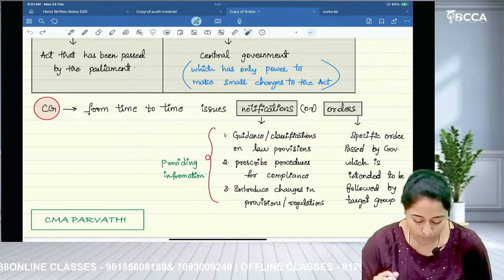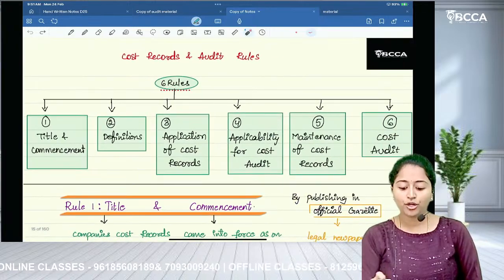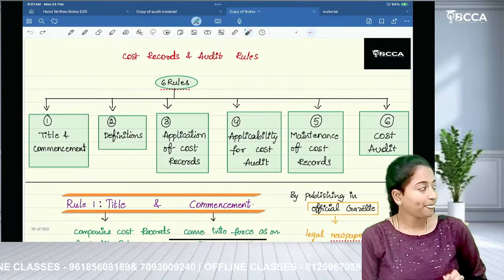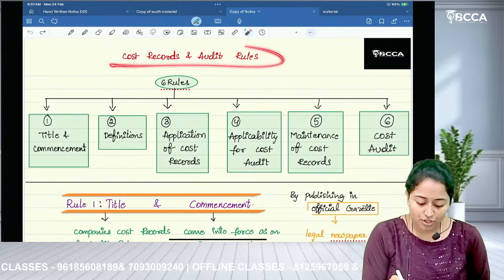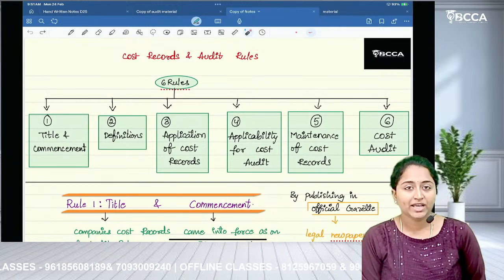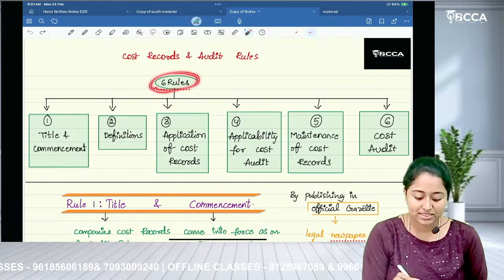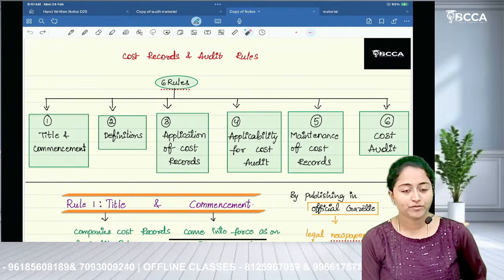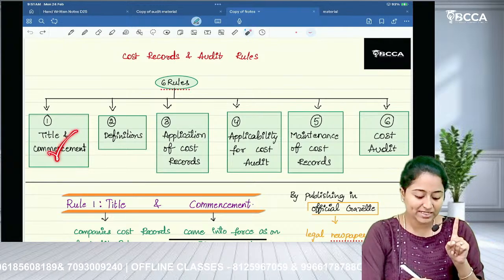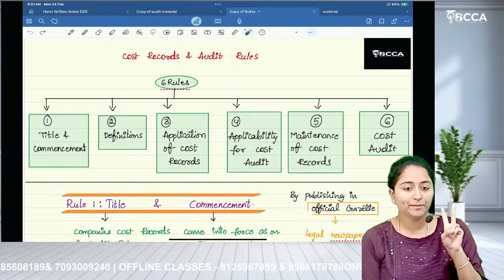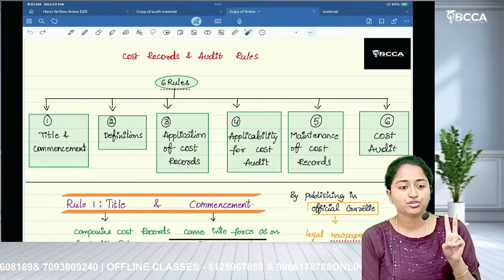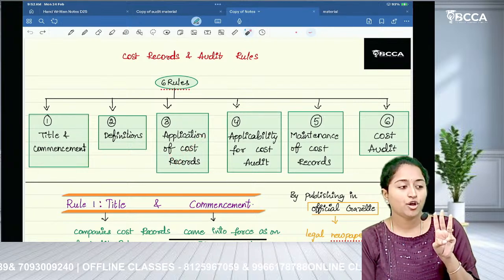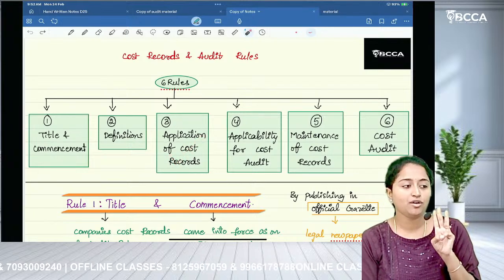Okay? Now, moving on to our main important topic, Cost Records and Audit Rules. In this, we have 6 rules. Now, what are the 6 rules? We are going to know. Rule number 1, title and commencement. Rule number 2 deals with definitions. Rule number 3 tells us regarding the applicability of cost records.